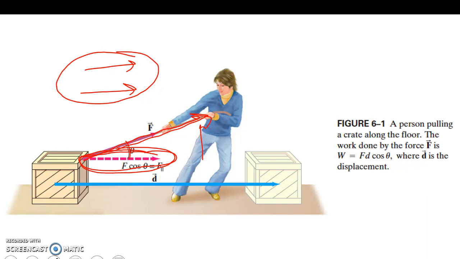So we have to find what that is. By trig, we use this identity: force times the cosine of theta gives us the parallel force. That's why we include that cosine of theta. If we're at an angle, we can just pop it right in the equation and go. We don't have to draw a triangle every time.